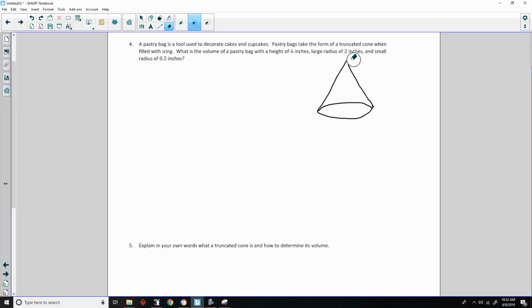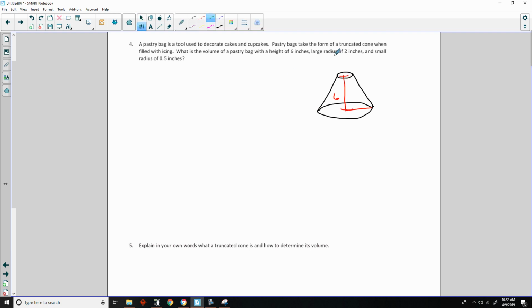So they're saying that this is a truncated cone. So then we have a top that looks like this. And we have a height of 6 inches. Okay, height of 6.